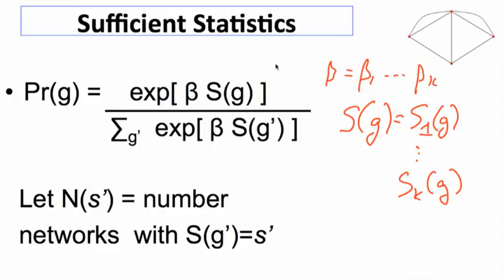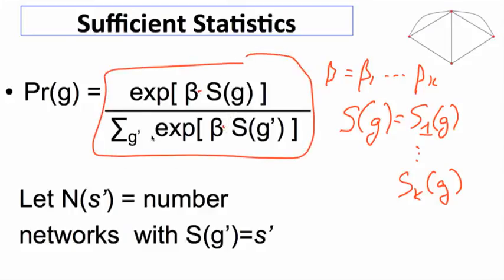Then we can represent the form as the dot product between beta and the statistics. The difficulty we were facing before is that we were trying to sum over all possible networks. So the probability of a given graph we could write this way.